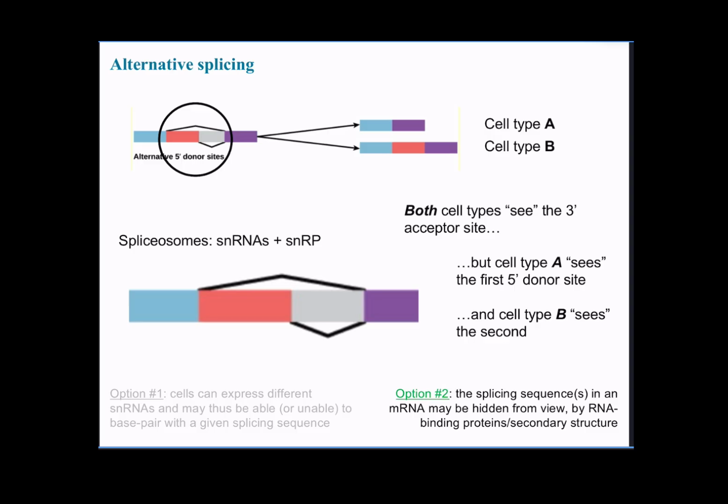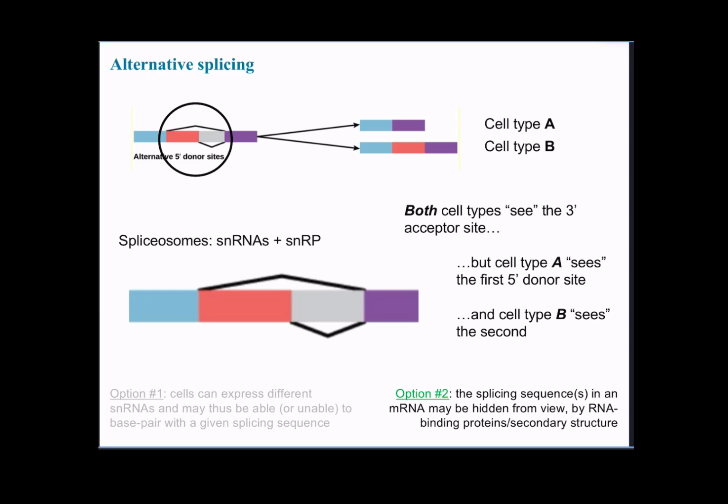What happens sometimes is that those splicing donor or acceptor sequences may be hidden from view, may be hidden from the spliceosome by RNA binding proteins or those secondary structures that were mentioned before.